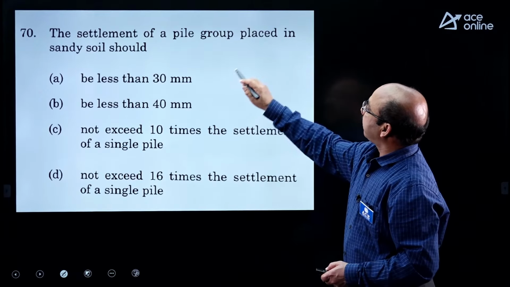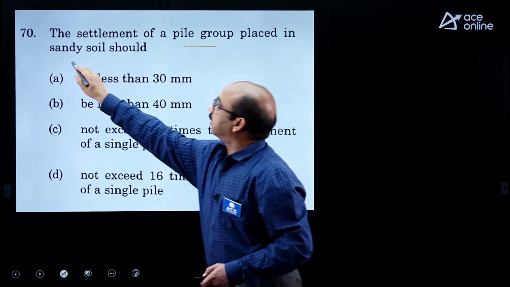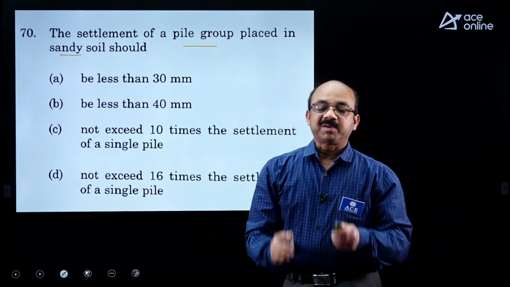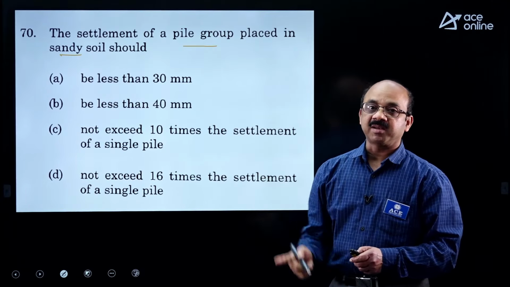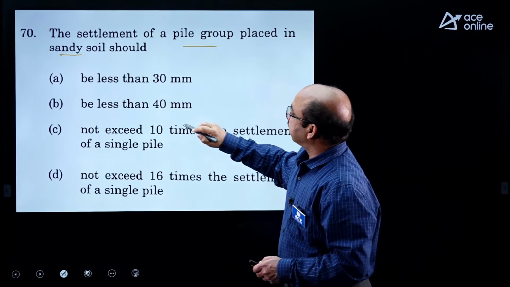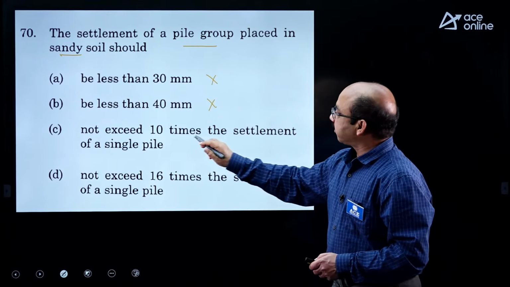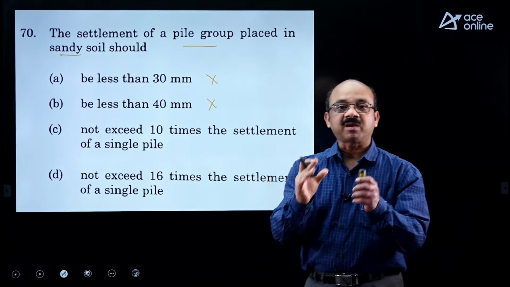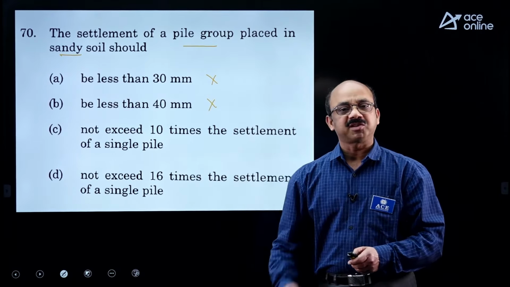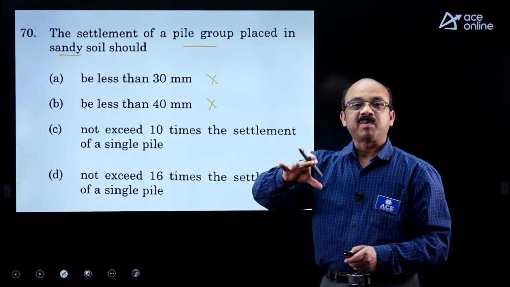Settlement of a pile group placed in sandy soil. If you compare settlement of a single pile and settlement of a group of piles on sandy soil, you can see these have no relevance at all. Not exceeding 10 times settlement of single pile, not exceed, yes. If you see any standard textbook on soil mechanics, this point is given in the pile foundation, settlement of the pile groups.